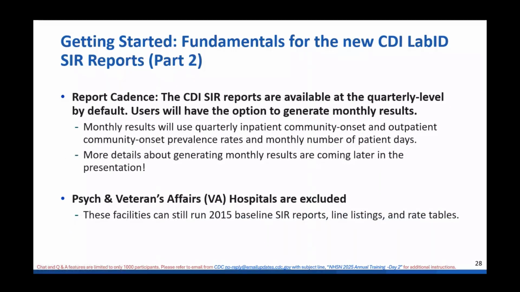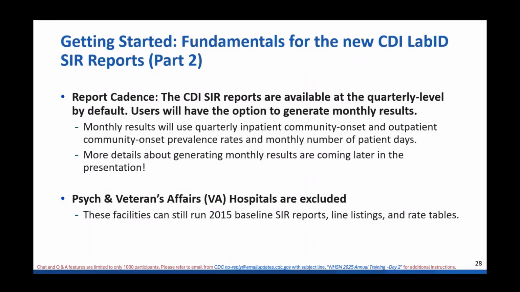For the new reports, the report cadence for the CDI SIR reports is quarterly by default. To generate monthly results, monthly results will use the quarterly inpatient community onset and outpatient community onset prevalence rates, as well as the monthly number of patient days.